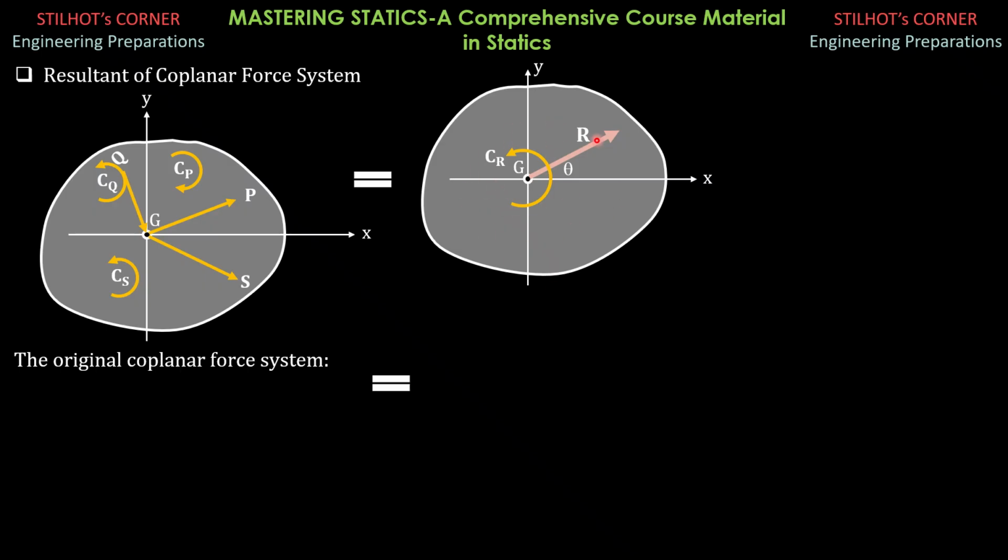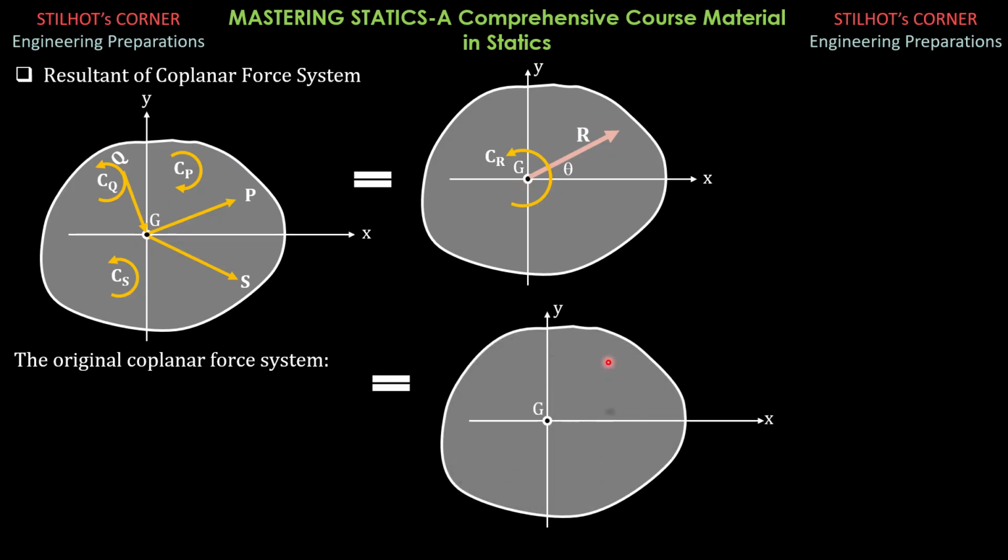The system may also be replaced by a single force R with its perpendicular distance from this arbitrary point G specified as D, as shown here, so that the resultant couple, or the moment produced by R, is counterclockwise about G. So R should be below G as shown here, but with the same inclination, of course, and the perpendicular distance specified as shown here.